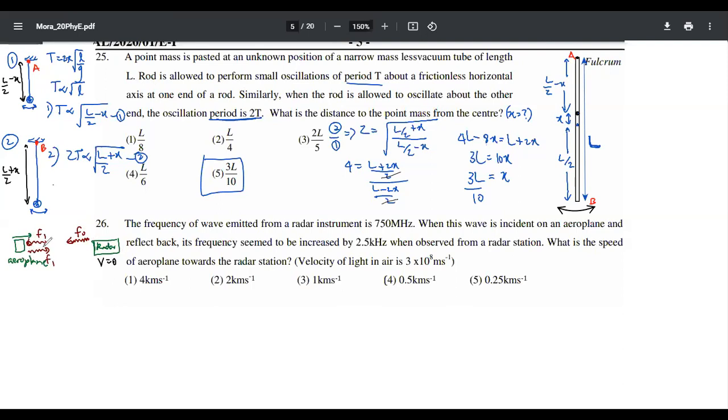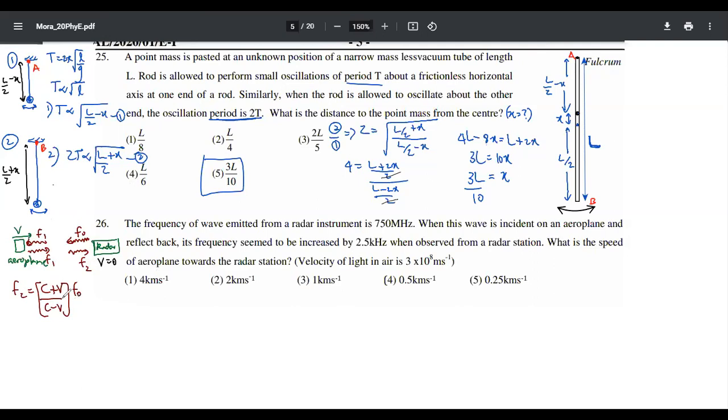And when that reflected wave reaches the radar, it will be reaching at f2 frequency. Let's say the aeroplane is traveling at a speed of v. The equation for that f2 is f2 equal to (c plus v) over (c minus v) into f0.